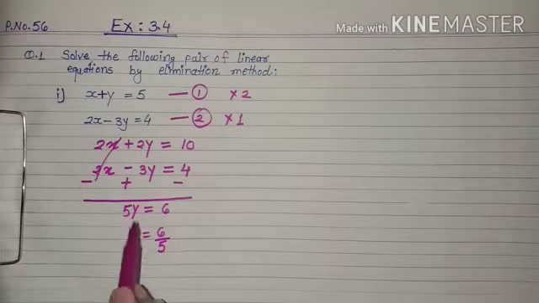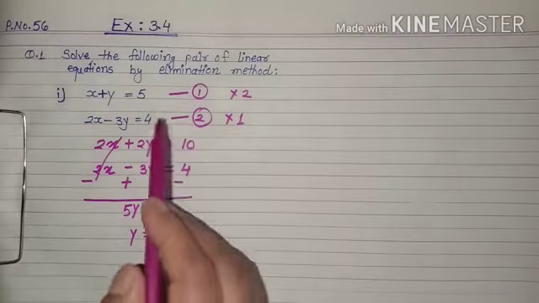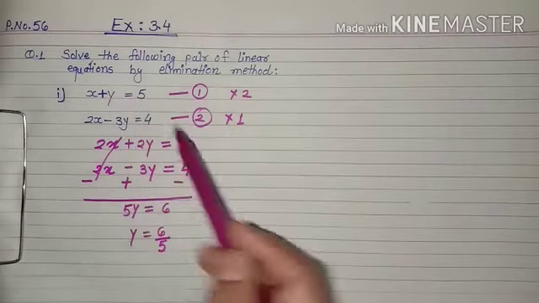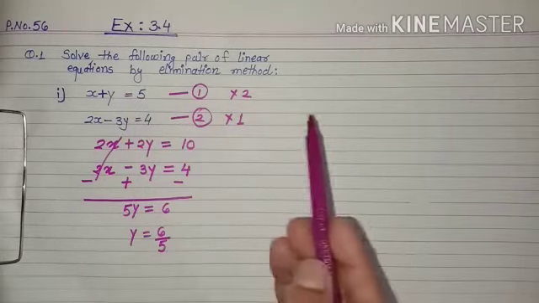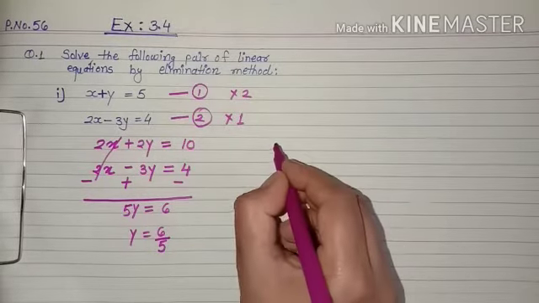Now we have to find the value of x with the help of this value of y. You can substitute the value of y in any equation, either the first equation or the second equation.